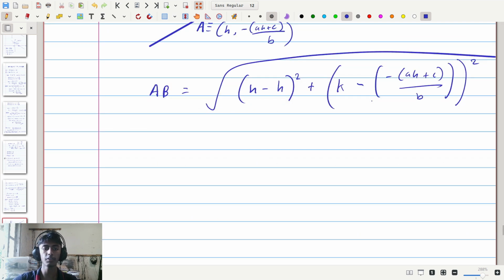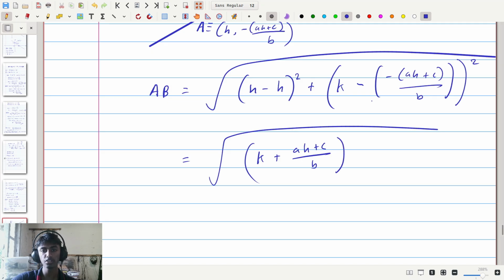Evaluating this out, the first part is going to be equal to 0. The second part is going to be k minus the negative part here, which we are going to cut and write as a positive part. So here what we have is k plus (ah plus c) divided by b, whole thing squared.